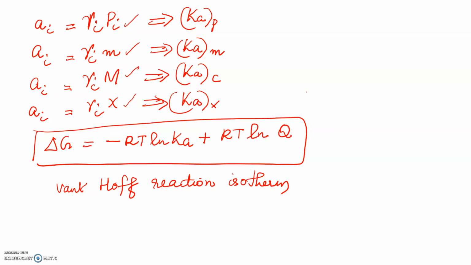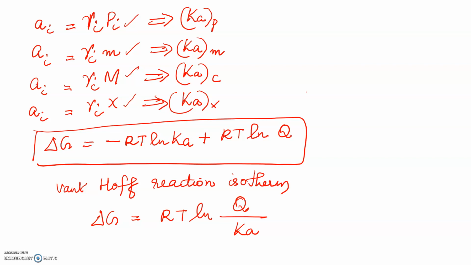Ka is a function of temperature, and this equation is applicable at constant temperature, and hence this is called the Van't Hoff reaction isotherm. This can be rearranged as RT ln Q minus RT ln K. Therefore, delta G is equal to RT ln Q by K.